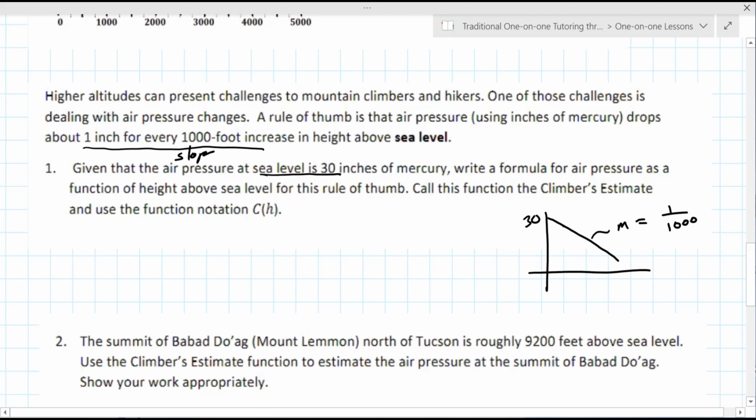Okay. Understandable. Yeah. And so they want you to write this function. The function is C of H equals 30 minus 1 over 1,000 times H. Oh, that's it.